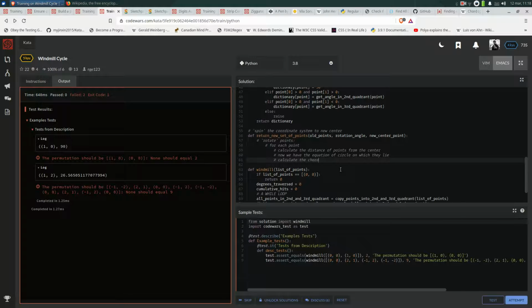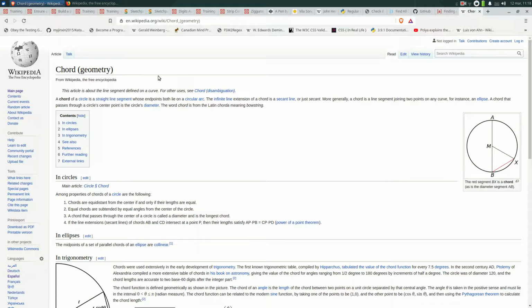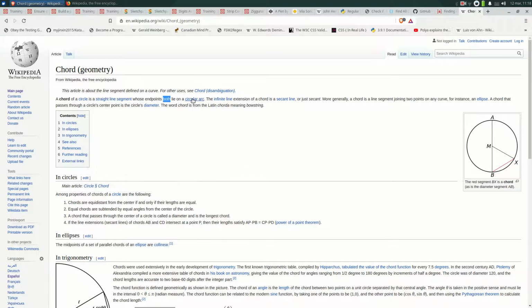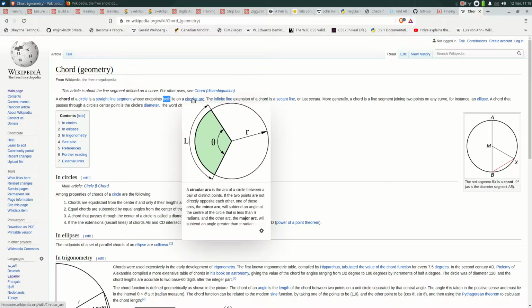Let's say the chord is a straight line segment whose end points both lie on a circular arc.